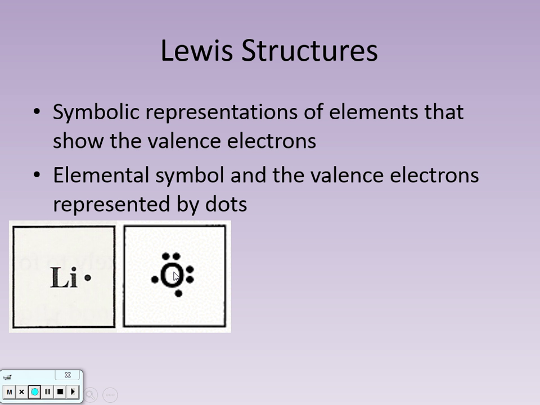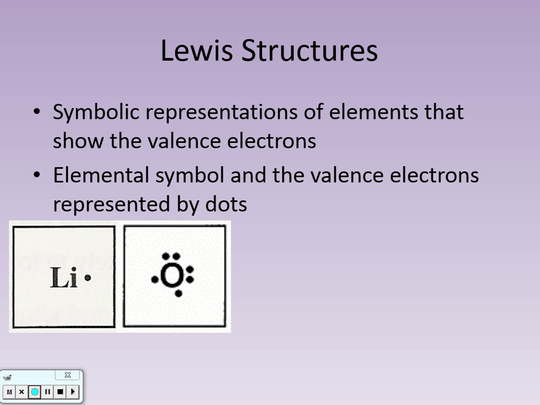Usually we'll put 2 on the top, 2 on the bottom, 2 on one side, and 2 on the other side, at least as much as we can. How many dots should there be? 6.